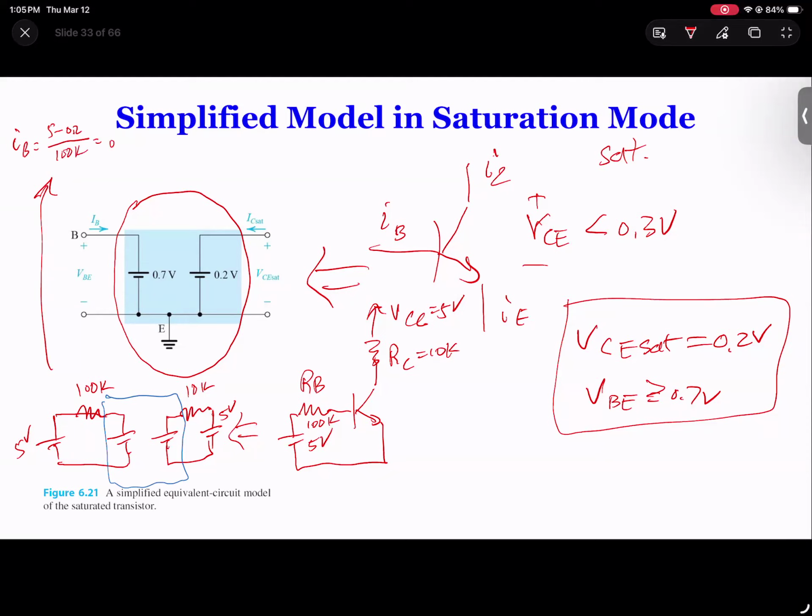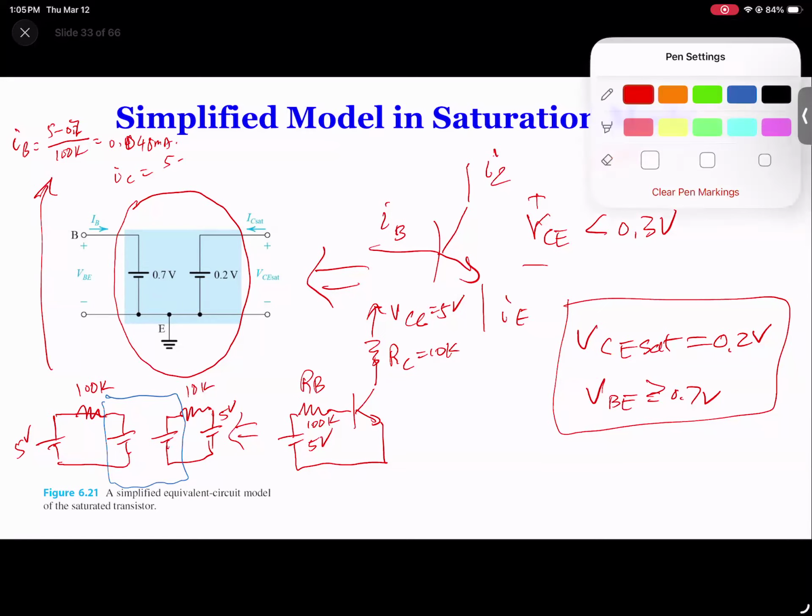So I get 0.048 milliamps. And on the left hand, I have 5 minus 0.7, sorry, 0.7.